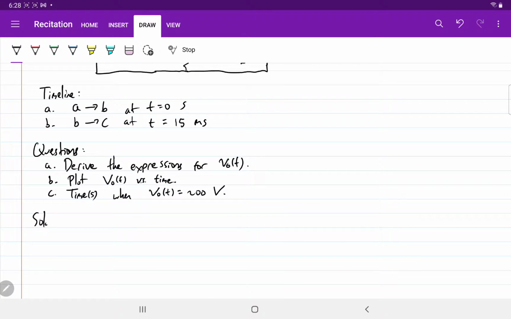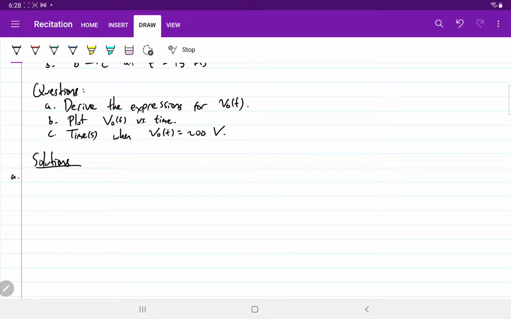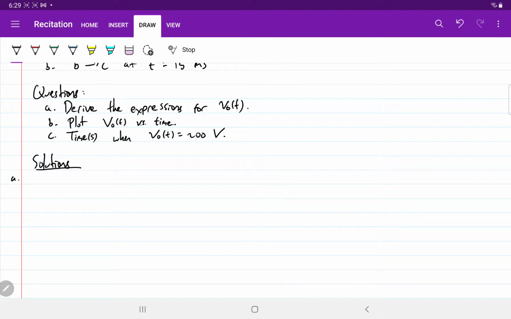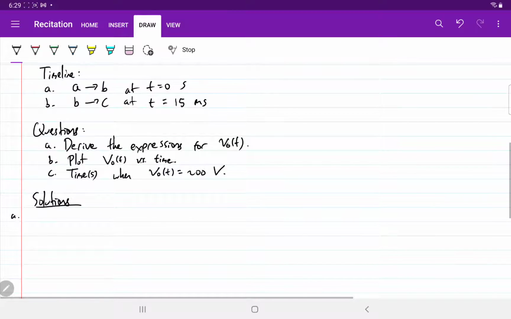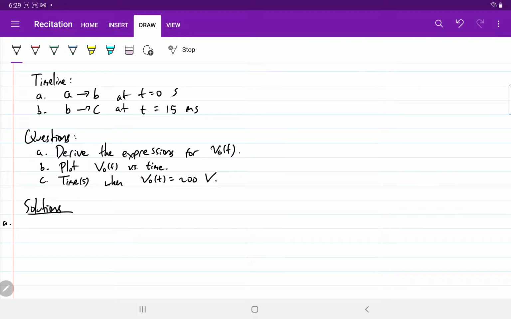Okay, solutions. Solution for A. You have two different timelines.